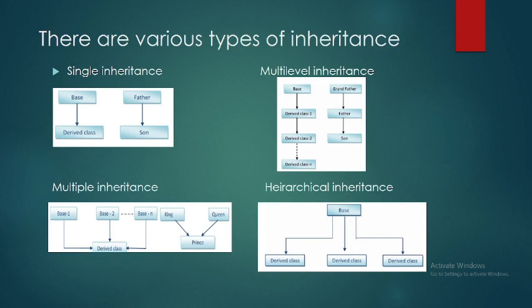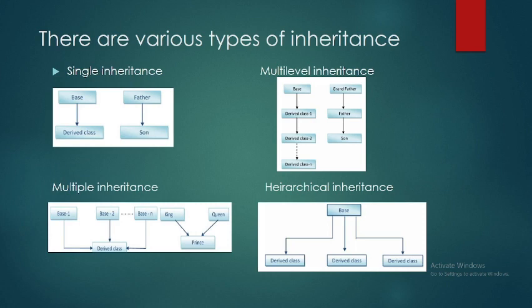Various types of inheritances are, for example, single inheritance, multi-level inheritance, multiple inheritance, and hierarchical inheritance. In single inheritance, you have only one parent class and one child class. It's a simple example, as given: father to son. The son takes properties that belong to the father.